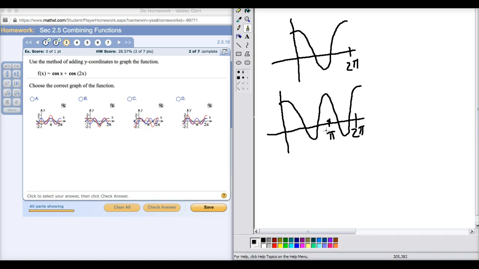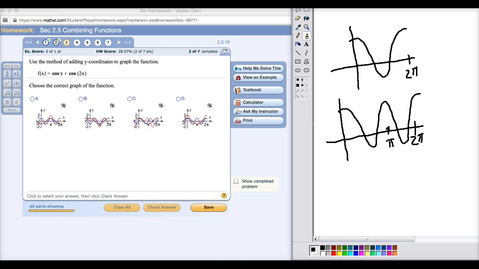So the first thing that we need to check is to make sure that the choices that we have have both cosine x and cosine of 2x looking correct. So let's check that out. Move this over so we can still compare.